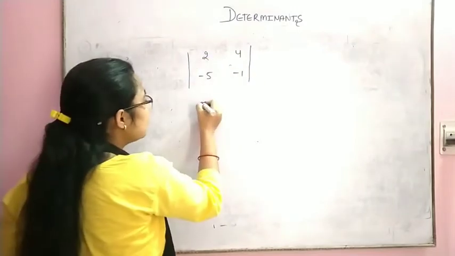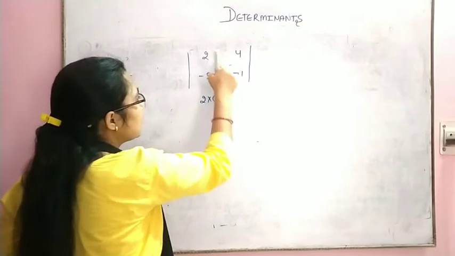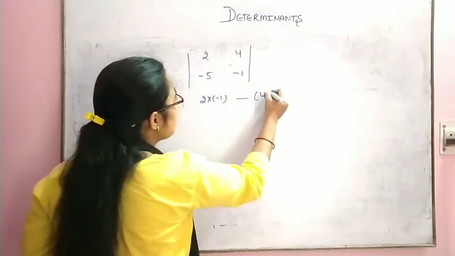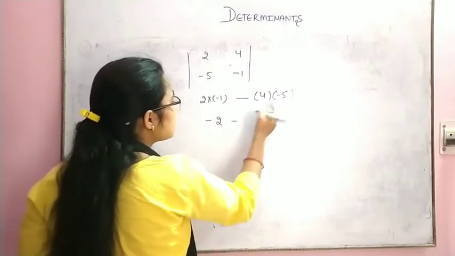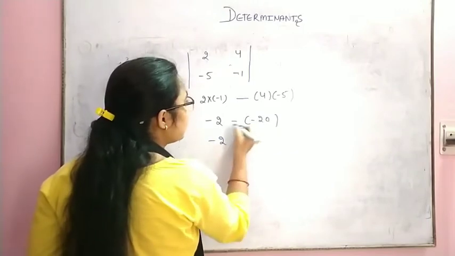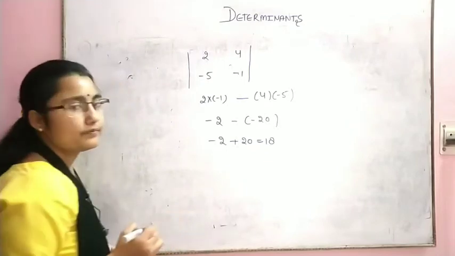So 2 into minus 1, and then a minus sign between them. Now multiply these two elements, 4 and minus 5. We get minus 2, minus minus 20. So we get minus 2 plus 20, which is 18 here.